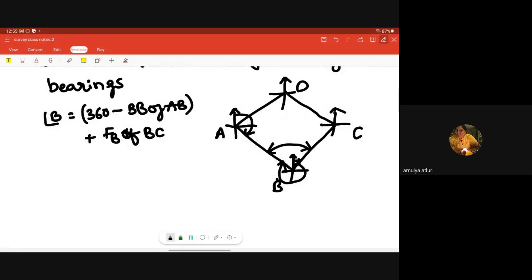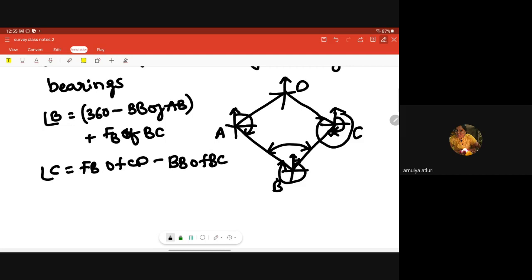Next, angle C. So now tell me what is C? This is your back bearing, right? This is forebearing and this is back bearing. So how do we calculate angle C? Angle C can be measured as forebearing of CD minus back bearing of BC, right?